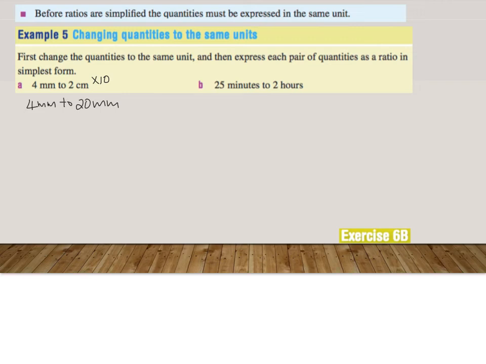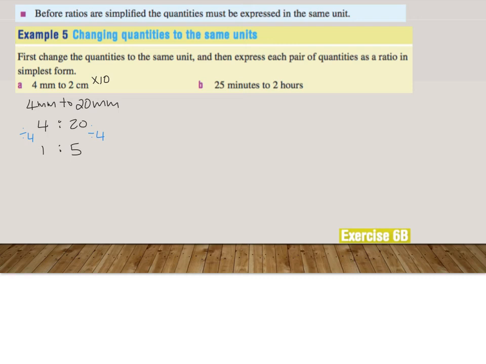Therefore, I can say that we have 4 to 20. My highest common factor is 4. So I will now divide both sides by 4. And that will leave us with an answer. 4 divided by 4 is 1, and 20 divided by 4 is 5. This is the ratio in simplest form.